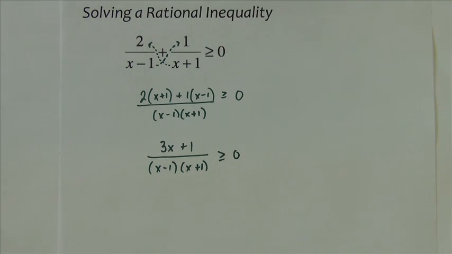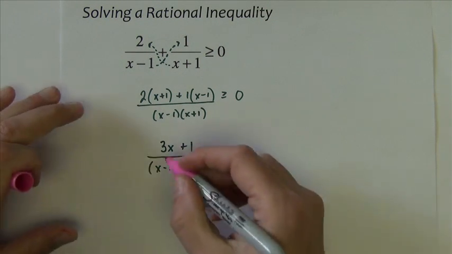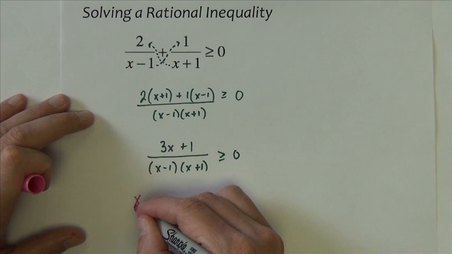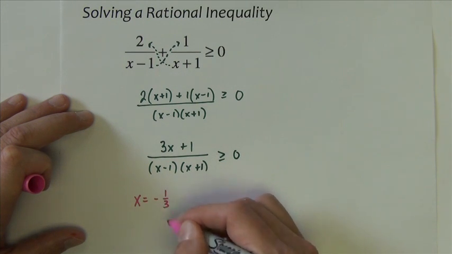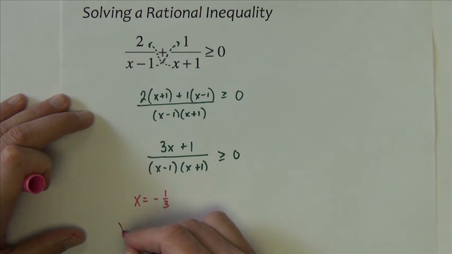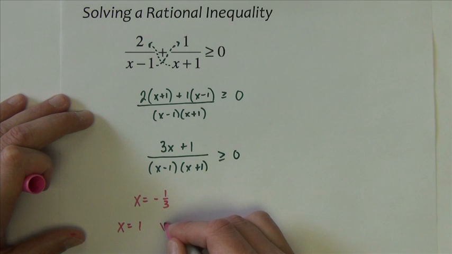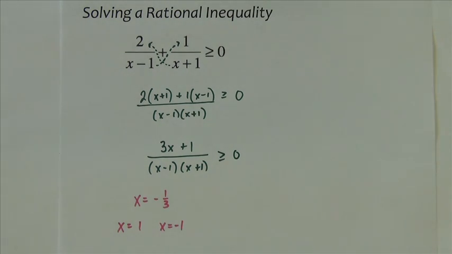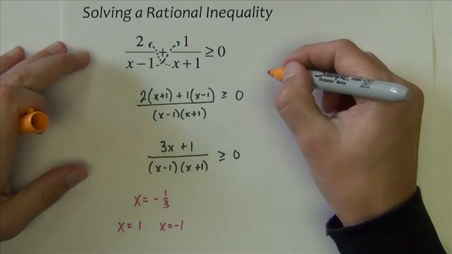So I want my number line points. Coming out of the numerator, if I set the top equal to 0, we get negative 1/3. Set the bottom equal to 0, we get 1 and negative 1. So those are our values on our number line.